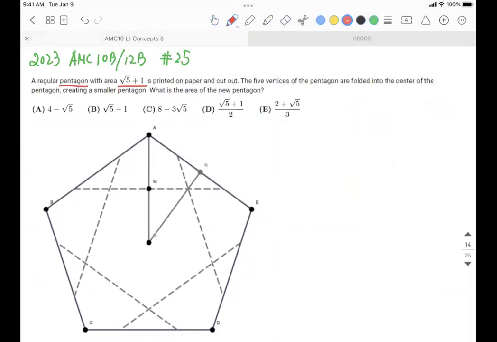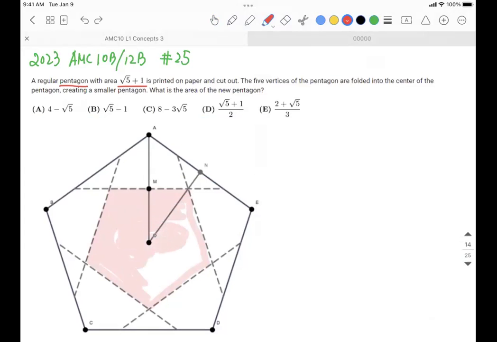This is more like a folding trace. You fold from the dashed line. Whenever everything's ready, your small pentagon is actually the one in the middle. Which makes sense, right? This is not magic. You just basically fold.